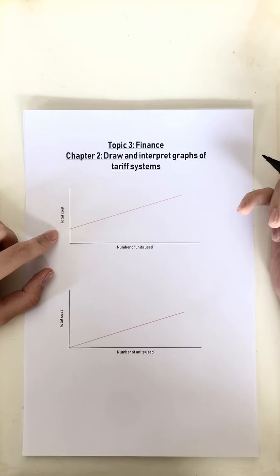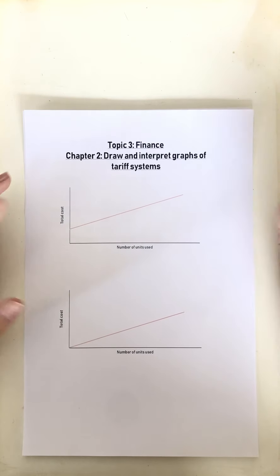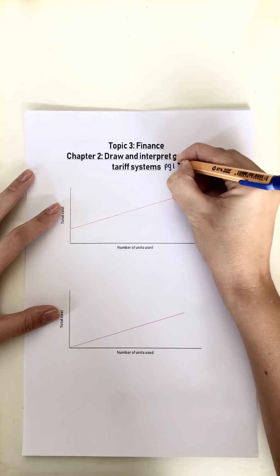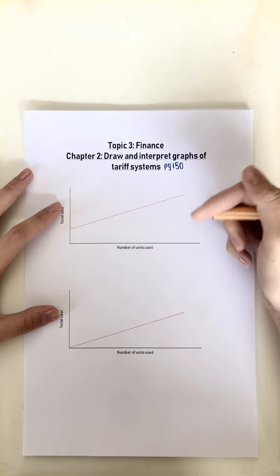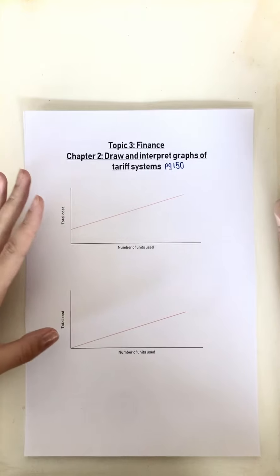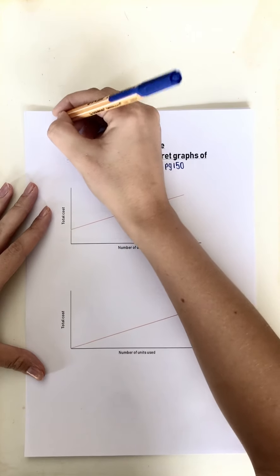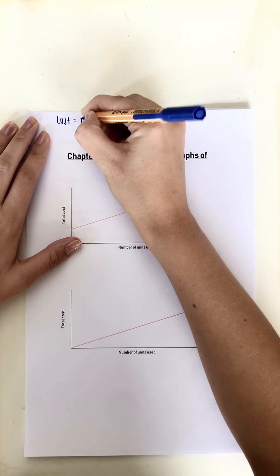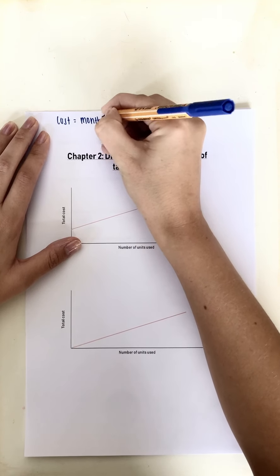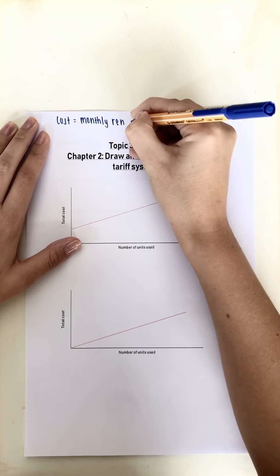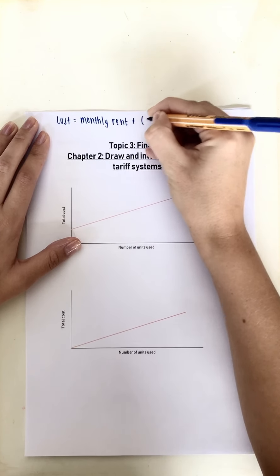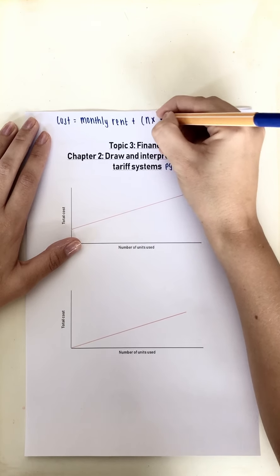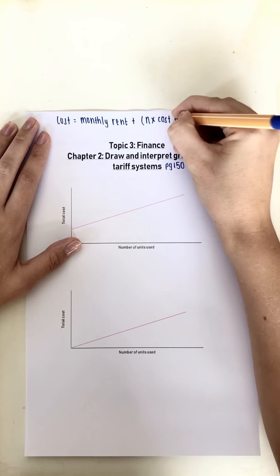Okay, so the two tariff systems that we learned, if you want to follow by the way, it's on page 150. If you remember the two tariff systems that we used, we had the one where you had a monthly rate, so the cost was equal to the monthly rent plus the number of units used times the cost per unit.